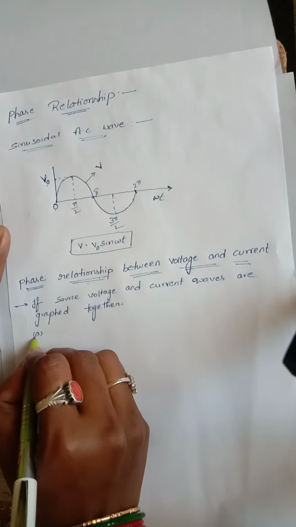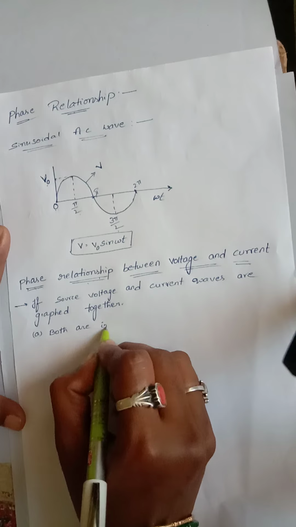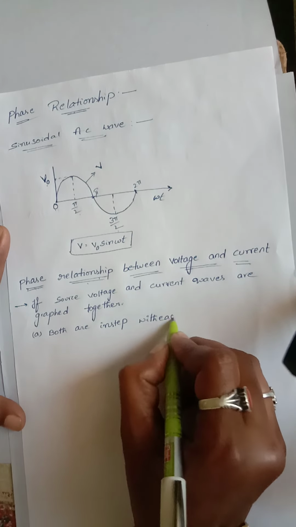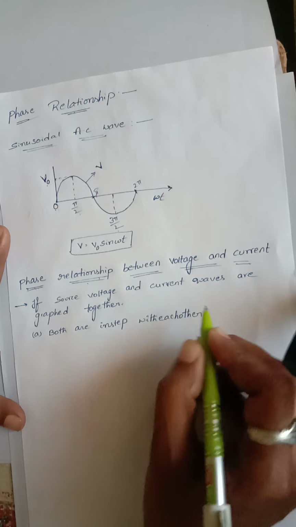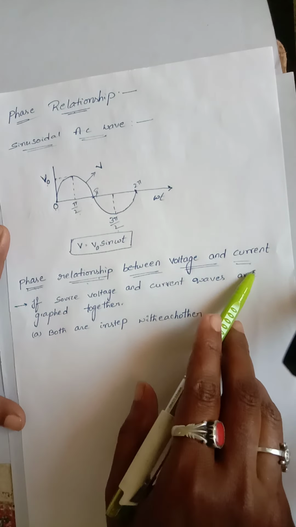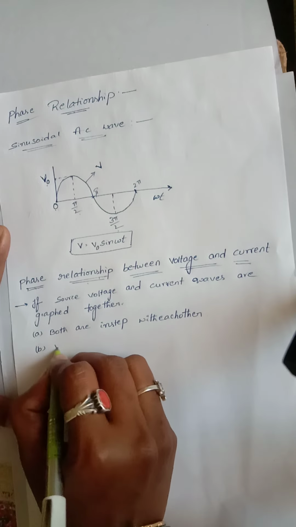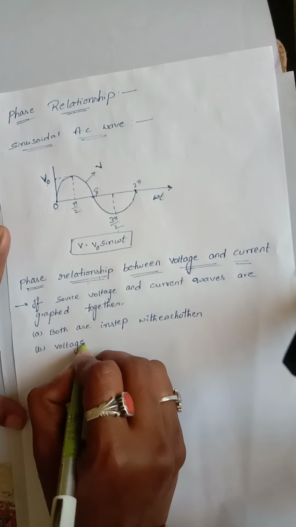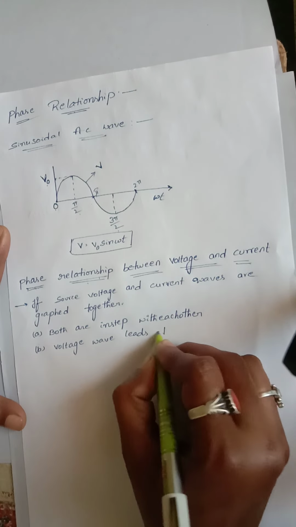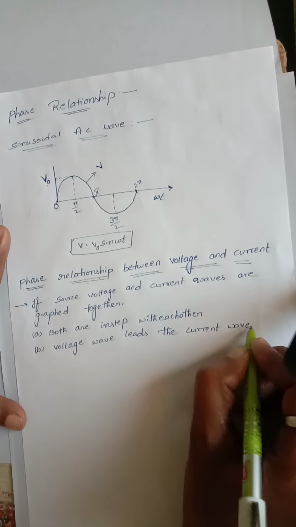Here the two waves are in step with each other. We observe three different types of relationships. One is that both waves, voltage and current, are in step with each other. Second, the voltage wave leads the current wave.